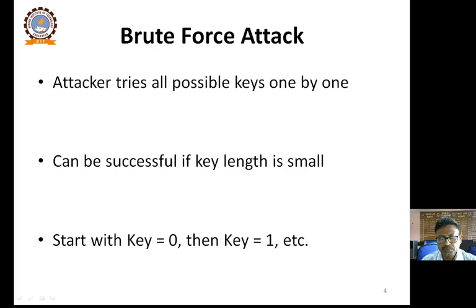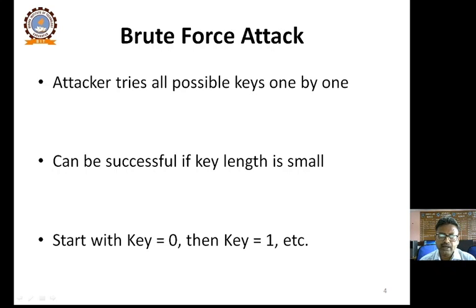So there are two important things which any person sitting between the sender and the receiver can have in the form of information. The first is the encryption or decryption algorithm, because it is known to everyone. The second important thing is the ciphertext which is traveling on the network. It is also known because it can be captured. It is not a hidden message; it is a message which is traveling. So the person sitting in between has knowledge of the algorithm as well as the ciphertext.